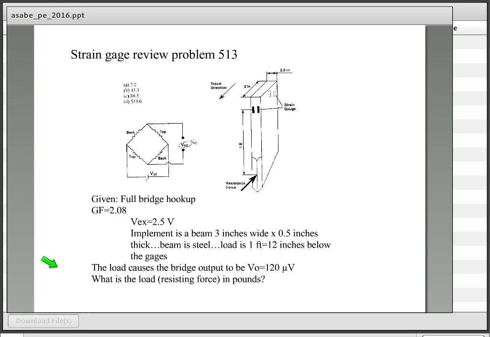Next topic here I've put in is just a little bit of a review on strain gauges. Been talking about designing certain stress levels or strain levels in parts, and so it comes down to how an engineer is going to determine what that stress is in an actual part.